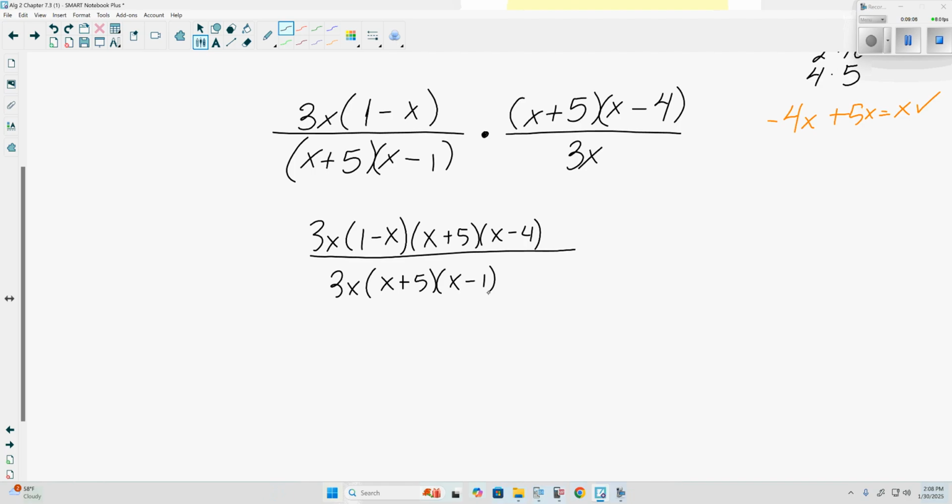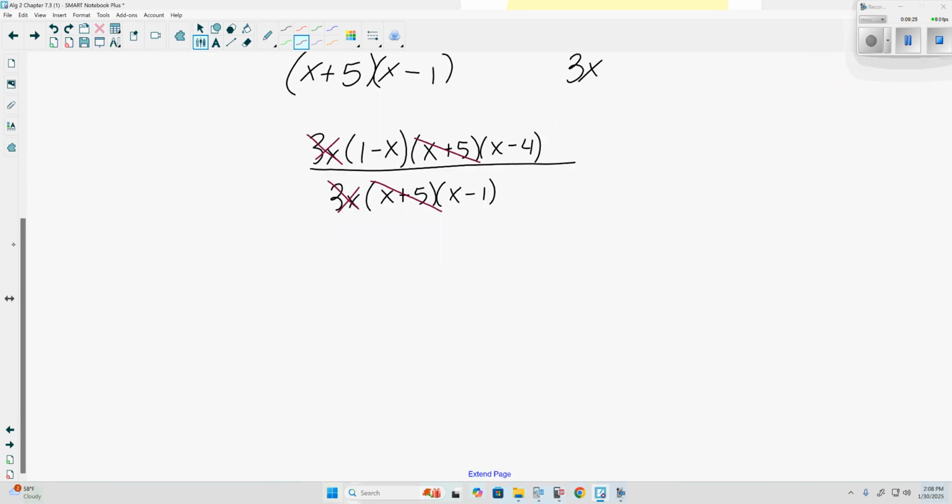What's in common on top and bottom? The 3x and 3x, and that simplifies out completely. And the x plus 5 and x plus 5. Because 3x over 3x is 1, so it's gone. Yes, now the x minus 1 is going to simplify, but we're going to have to do something to it.